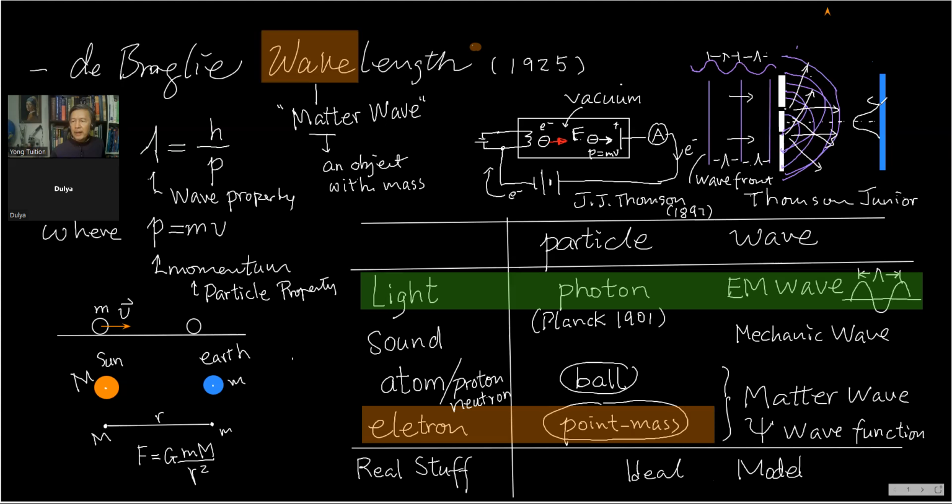And after that, you will see dark and bright periodically. Dark, bright, dark, bright. That is called diffraction, or interference if you wish. This is the wave property of the two waves.